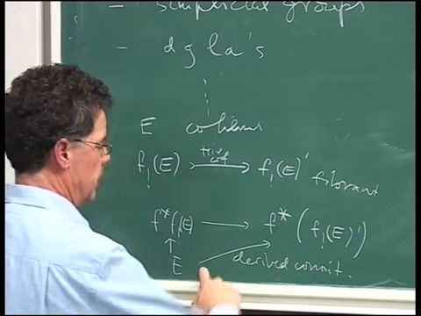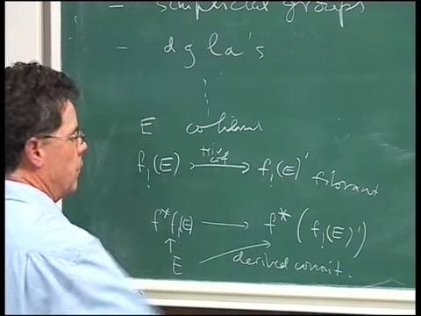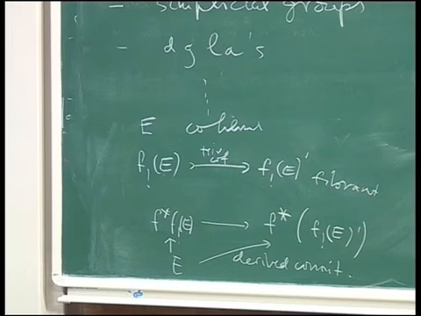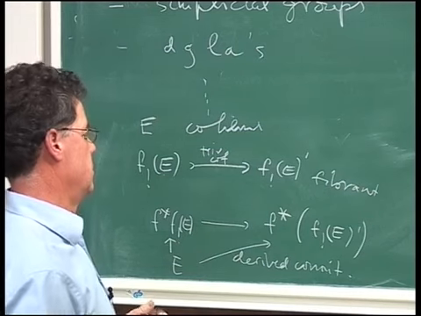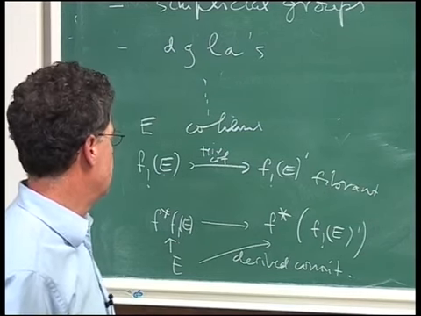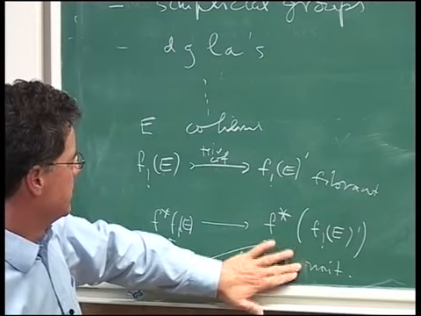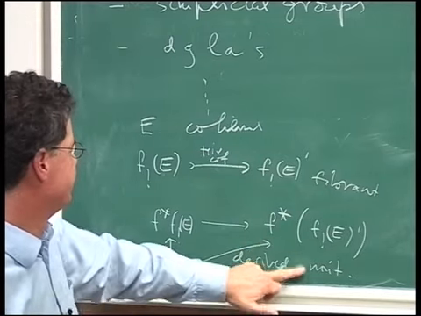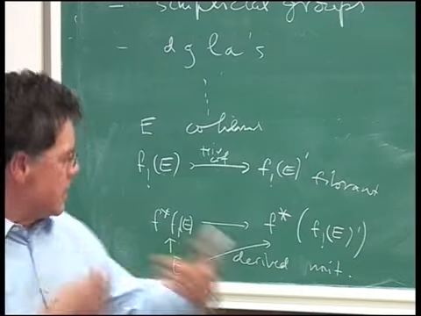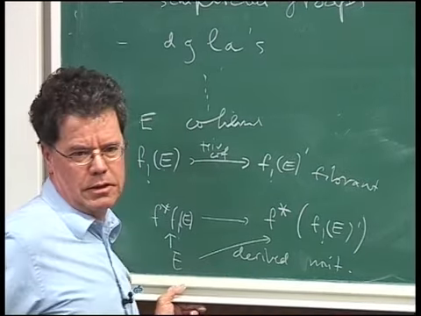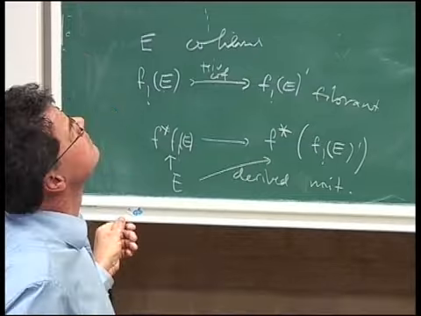And that should be a weak equivalence for every cofibrant object E. Okay? And there is a dual condition for the... Why do I say co-unit if I want to say unit? Because I was thinking there is a dual condition for the co-unit. Yeah?